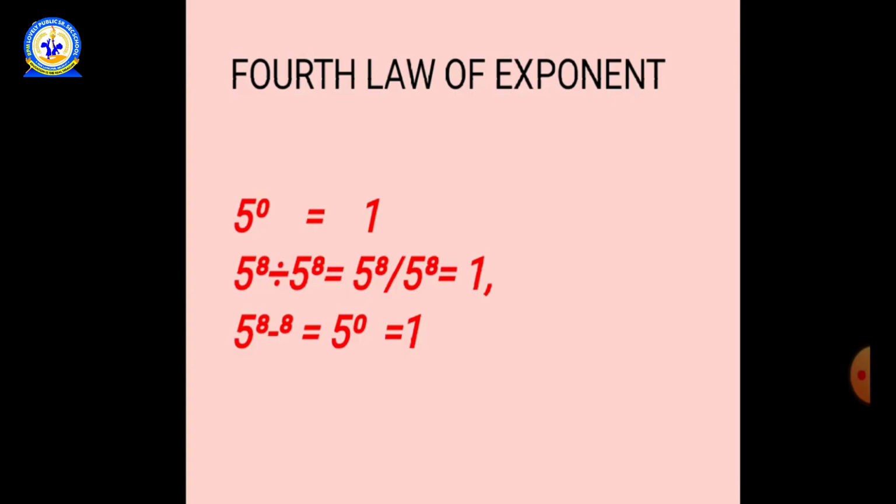When we convert it to the lowest term, it will become 1. And when we use the second law, bases are same in division, powers will be subtracted. So 5 raised to the power 8 minus 8, that is equals to 5 raised to the power 0. So that's why a raised to the power 0 is equals to 1.